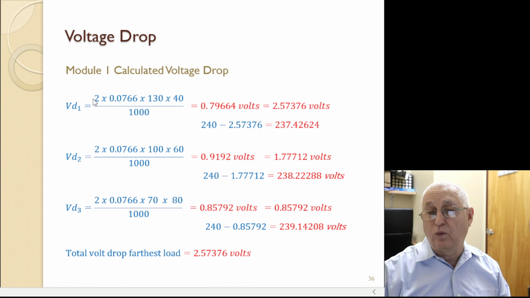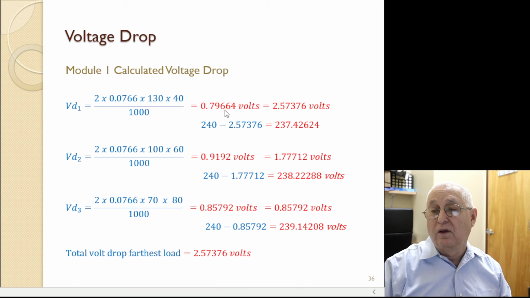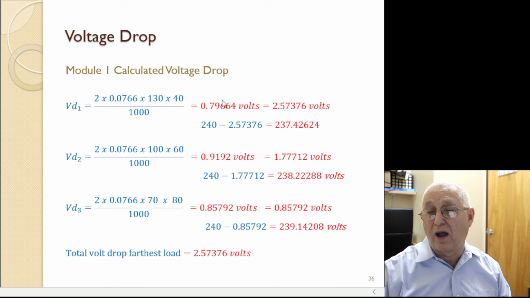Finally, number 1, we have 2 times 0.0766 times 130 times 40 divided by 1,000 gives us a voltage drop just for that 40 amp load of 0.79664 volts. But if we add that to the 1.77712 volts, we get a total voltage drop at the farthest load of 2.57376 volts.